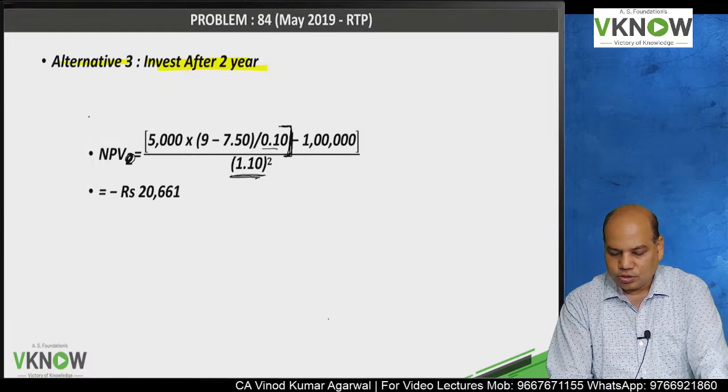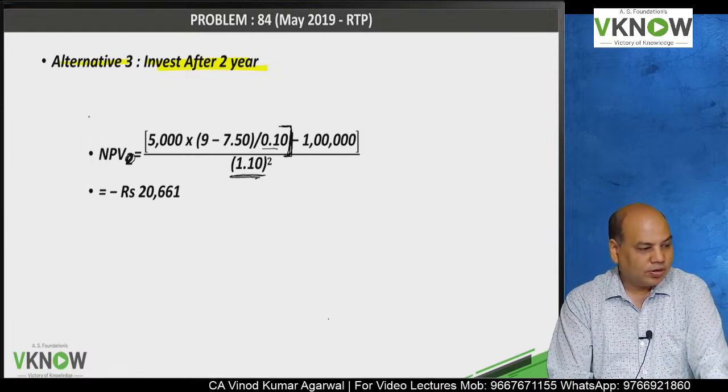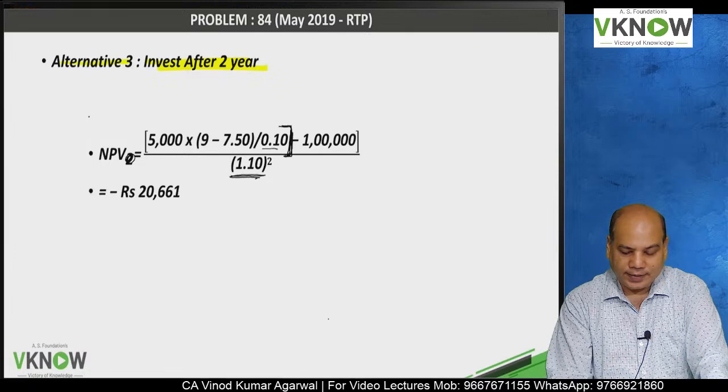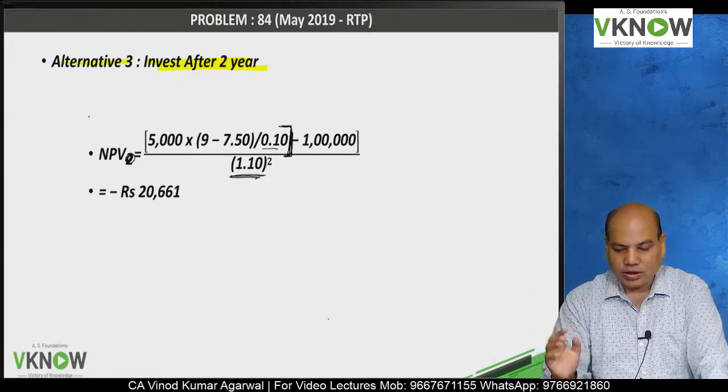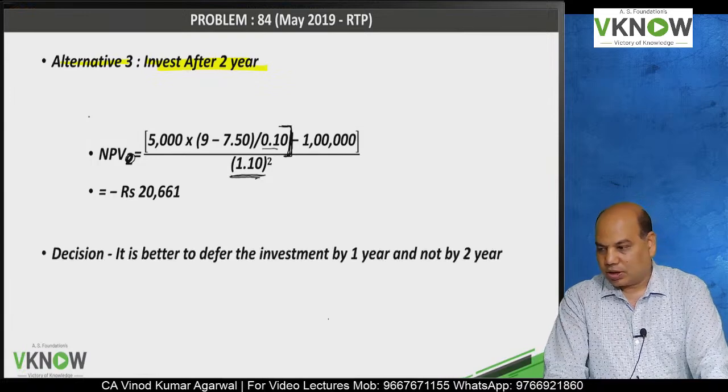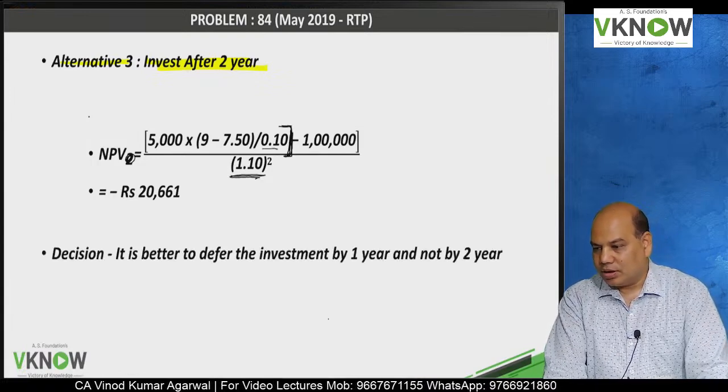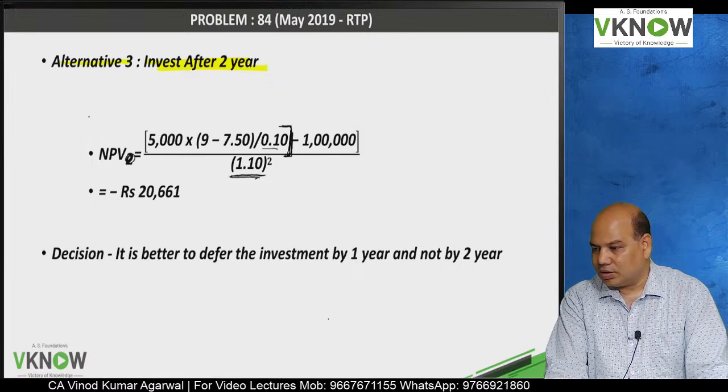Negative answer 20661. Very good. 20661 is right. So now I have all the 3 answers with me. Choose the highest option. The highest option is if you defer the investment by 1 year.